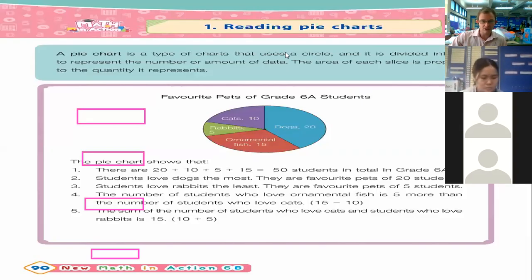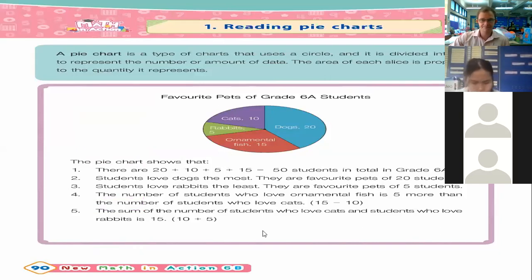So first off, just a quick explanation of what pie charts are. A pie chart is a type of chart that uses a circle, and it is divided into slices to represent the number or amount of data. The area of each slice is proportional to the quantity it represents. So here we go, favorite pets of grade 6 students.